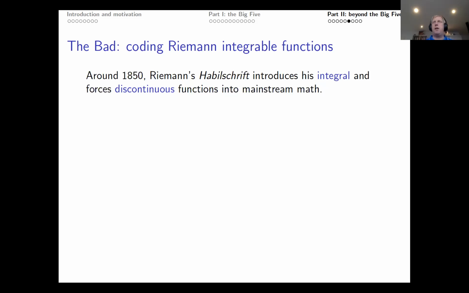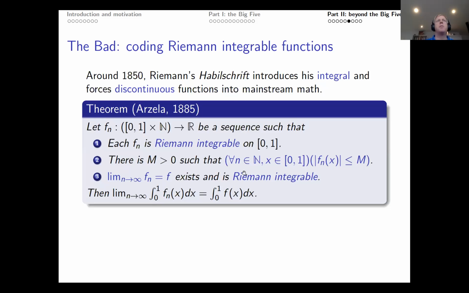We know the Riemann integral from high school. And we also know from university that the Lebesgue integral is superior. And it's superior because it has better convergence theorems. However, there are convergence theorems for the Riemann integral, namely this one, proved by Arzela, also essentially before set theory.